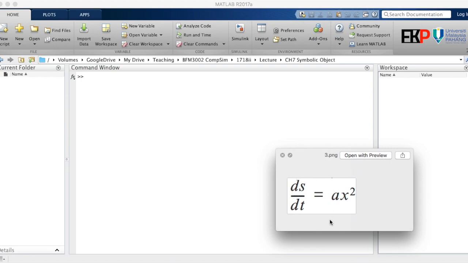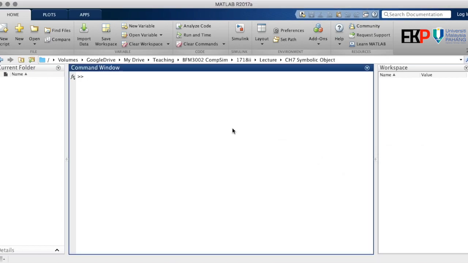Now let's take a look at how we can solve this differential equation. We have ds dt equal to ax squared. So now we need to define our symbolic objects. We have s in terms of t, we have a, we have x. So we define ds, that is equal to the differentiation of our equation s.